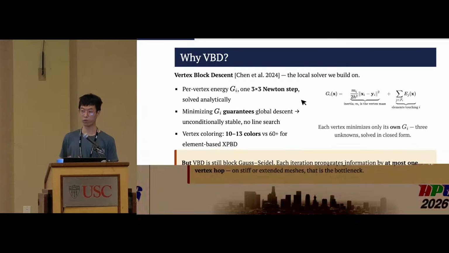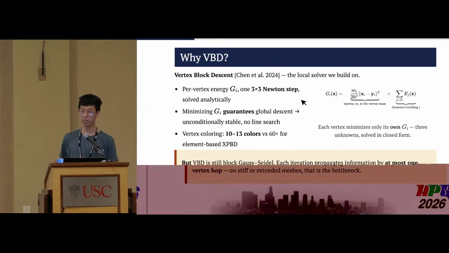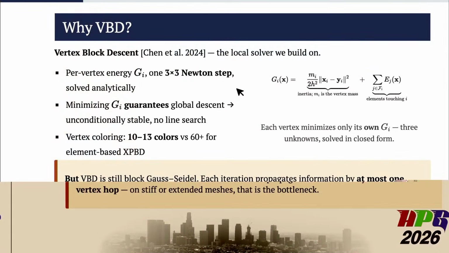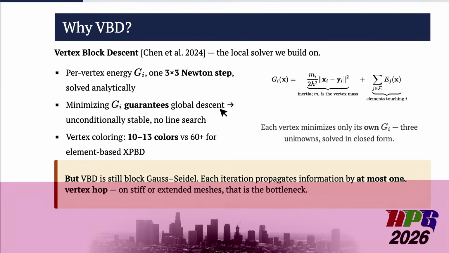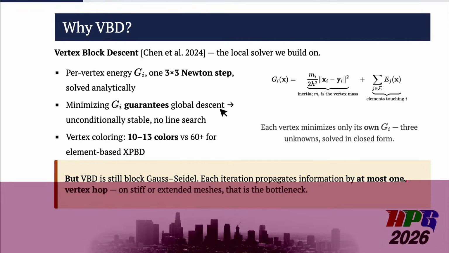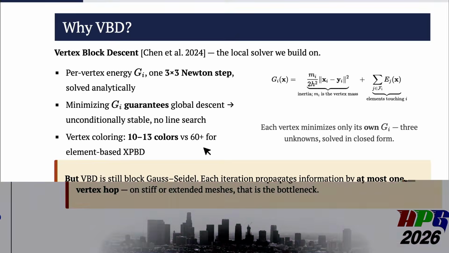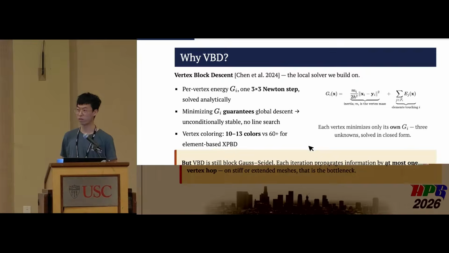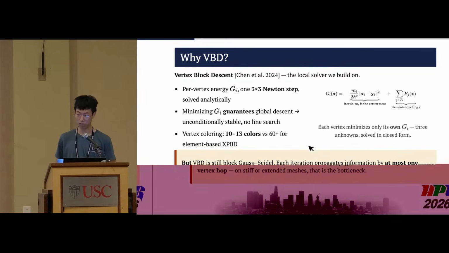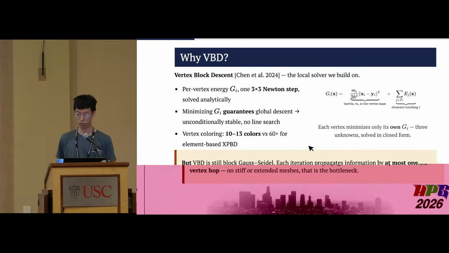That's why we choose it, because without that condition, if you parallelize a local solver, it may not converge. This unconditional guarantee of convergence is one of the reasons we choose VBD. But it's still a local solver, so it still has the drawbacks of a local solver, and we try to improve on that.